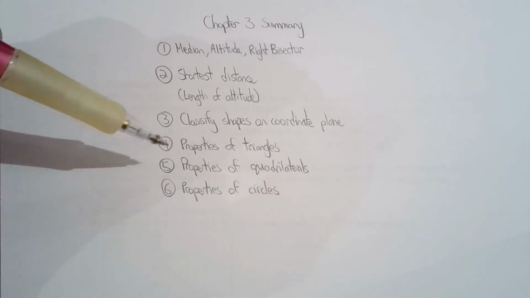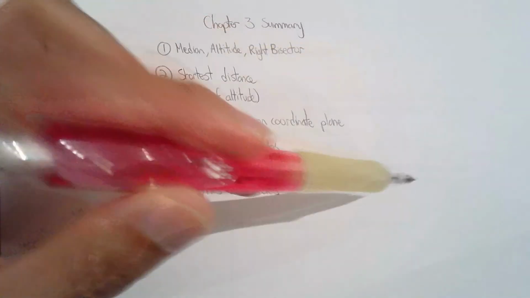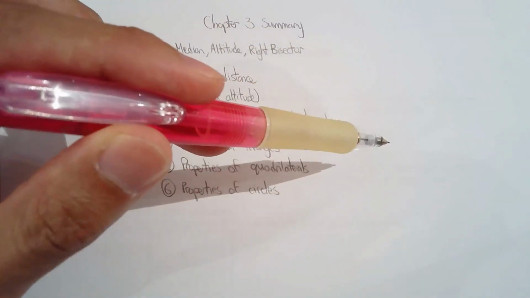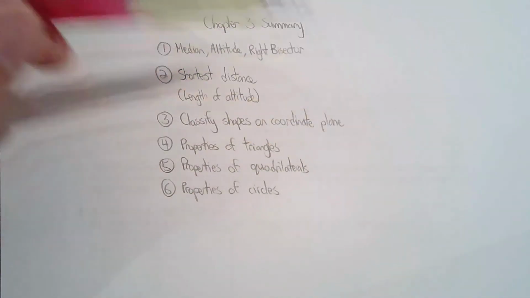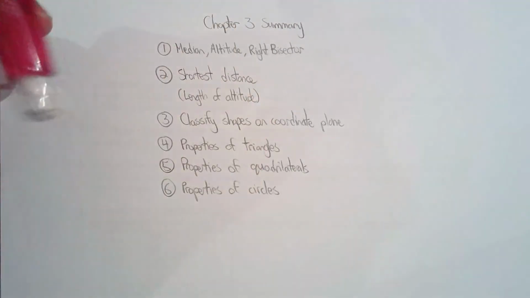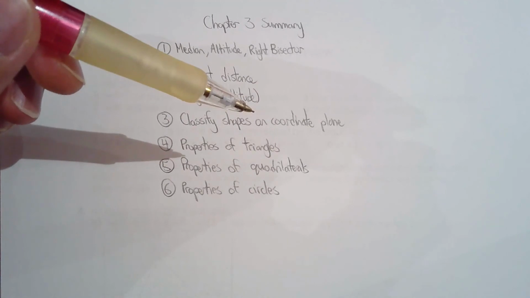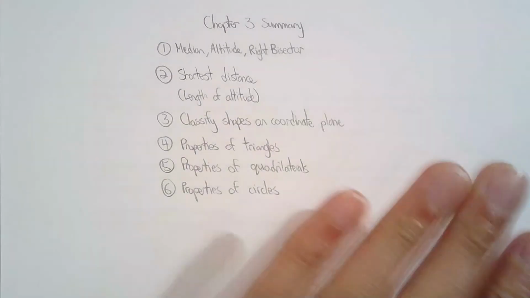Since we're talking about centroid, I didn't mention it in the videos, but the centroid is very interesting because it's the center of mass. So if you have time, cut out a triangle and find out where the centroid is with a ruler. Then you can balance it on the tip of a lead pencil, like the one I'm holding, and if you do it properly, you'll be able to balance it perfectly. If you find the centroid perfectly, it's the center of mass. That's one of the nice applications of the centroid, as long as it's homogeneous.